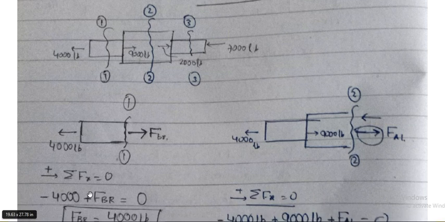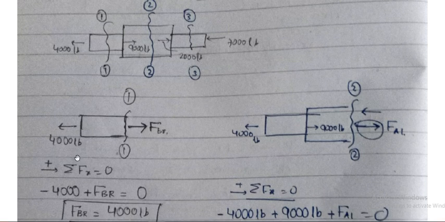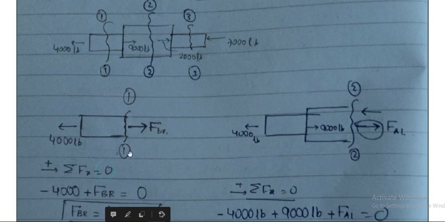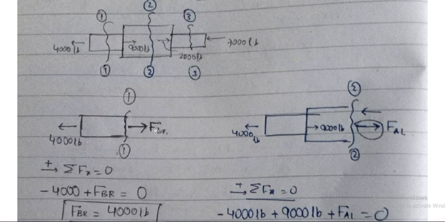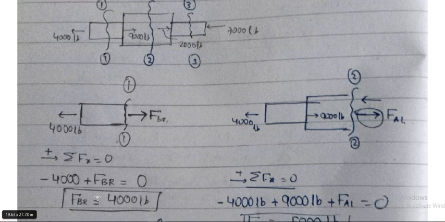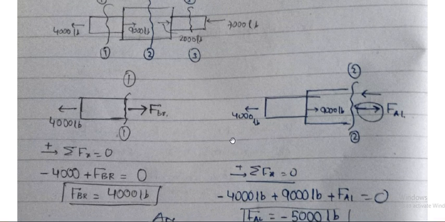Summation of F in x equals 0, and I have taken rightward as positive, and this force in this case is going leftward. So this is minus 4000 plus I've assumed this force to be rightward. I could have assumed it to go leftward, but I have taken it as rightward. It doesn't matter at all. So it matches this sign convention, and this will be FBR. FBR equals 4000 lb.